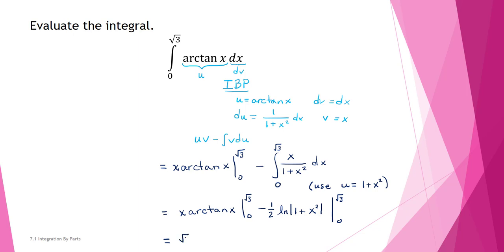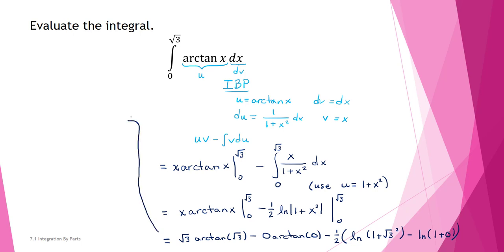So we're going to have square root 3 times arctangent of square root 3 minus 0 times arctangent of 0, minus 1/2 times the natural log of 1 plus square root 3 squared minus natural log of 1 plus 0.